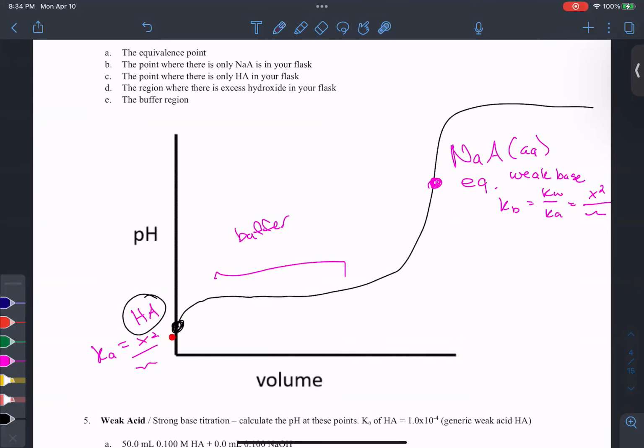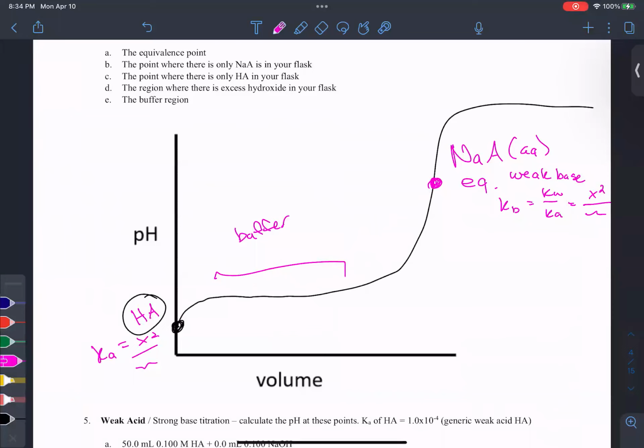So that's how I like to think. These parts of our titration are a little bit different, but it's just recognizing what substance is present. We have our acid, in this case a weak acid, at the beginning of the titration. At the equivalence point, we have the base form of the weak acid, a weak base. And between those points we actually have the buffer region.